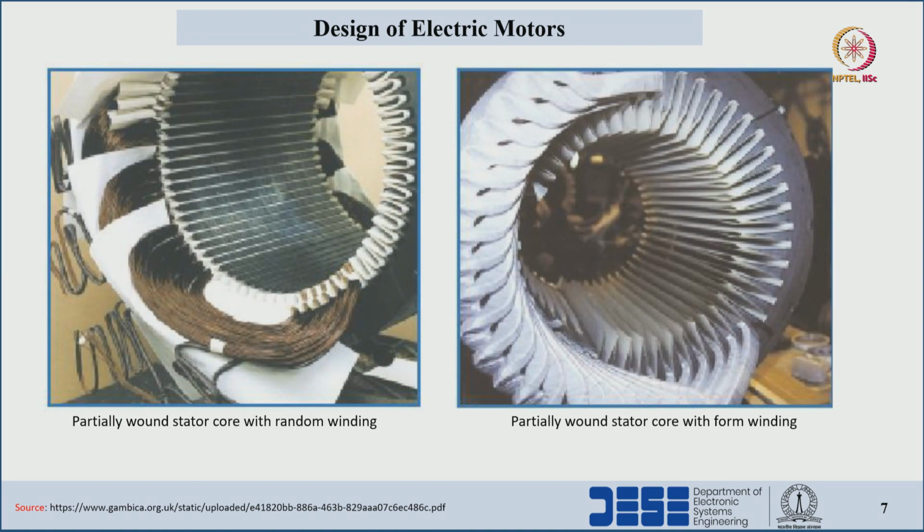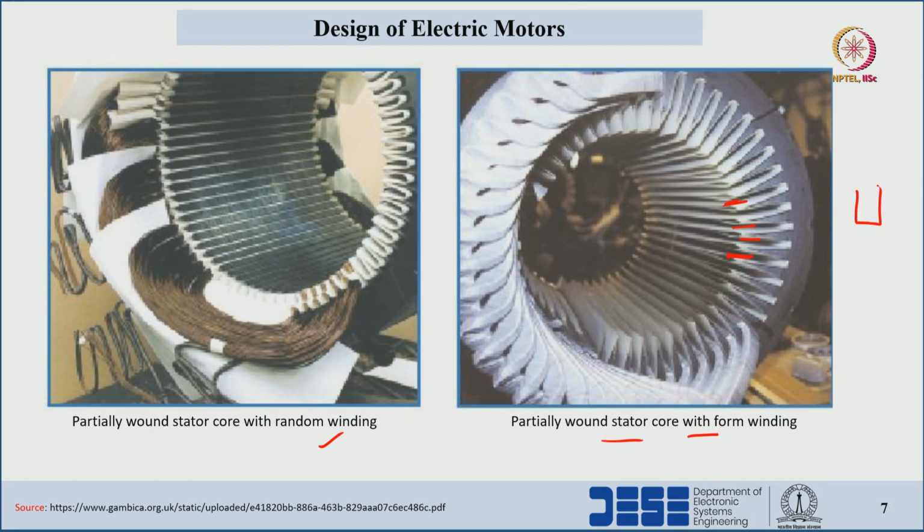The next thing, we can see here the partially inserted stator core with random winding, where circular cross-sectional conductors have been used, and the stator core with the form winding, where the rectangular conductors are layered one on another and placed in open type of slots. We can see here the slot opening is higher, that means open type of slots.